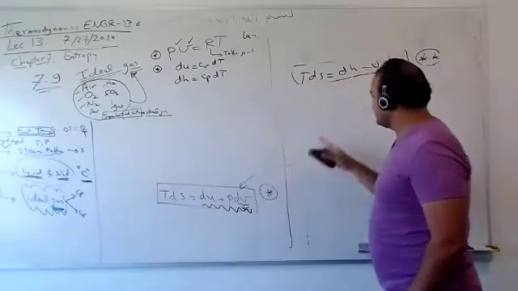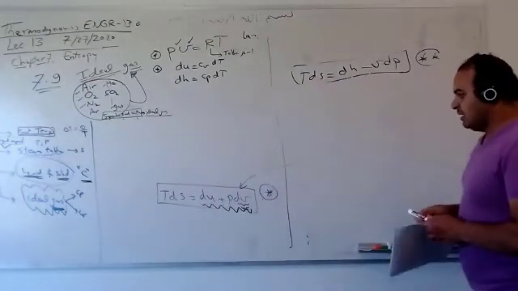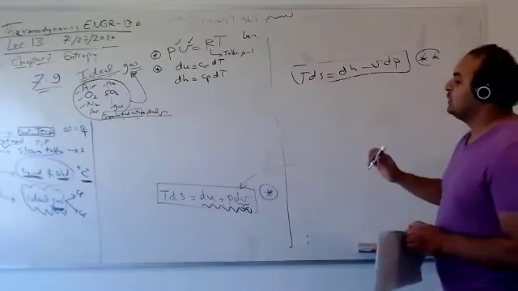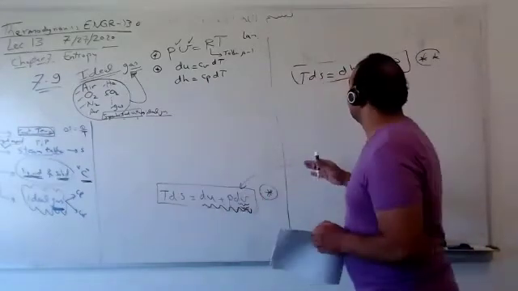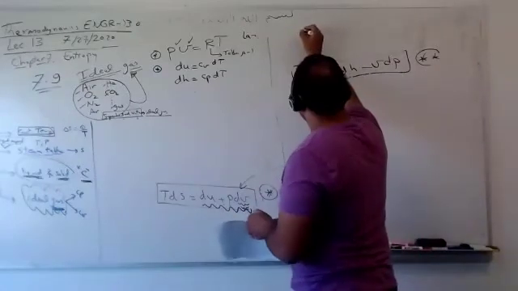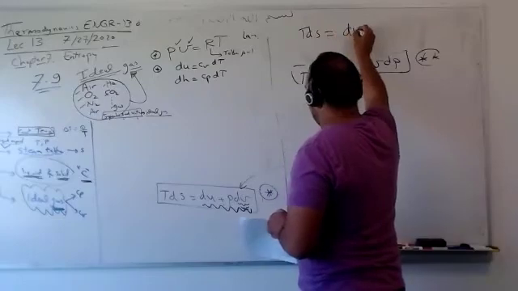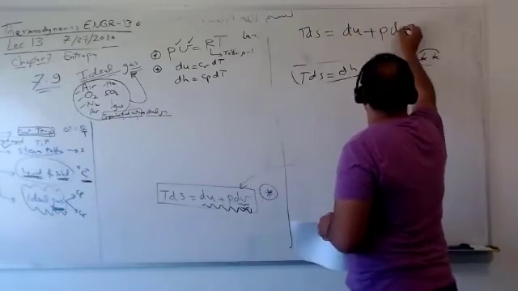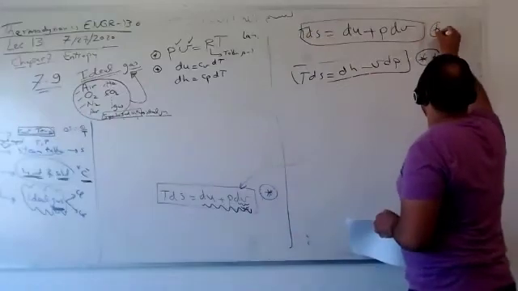Equation star and double star are always correct for ideal gas, solid, anything, even the steam table. But if you can get this information, you can get T delta S, or vice versa. So come and write this here: T delta S equals delta U plus P dV. This is equation star. This is equation double star.